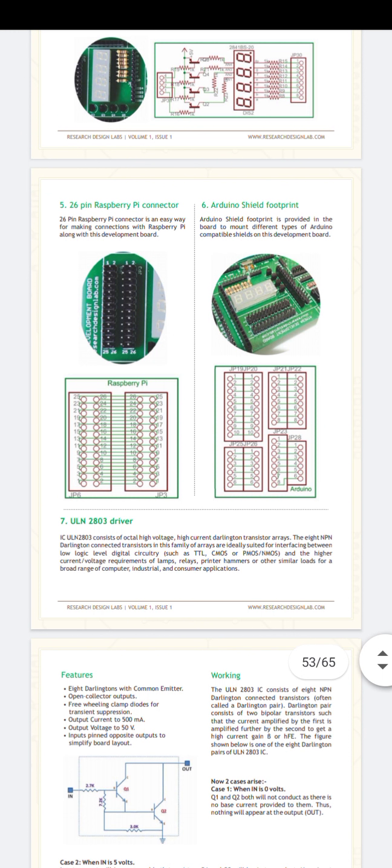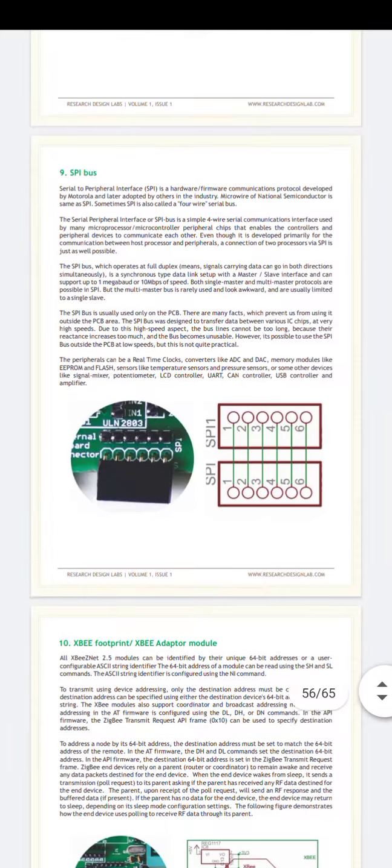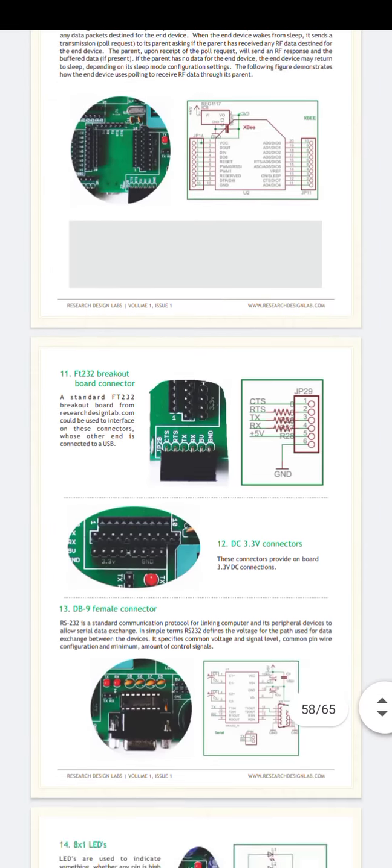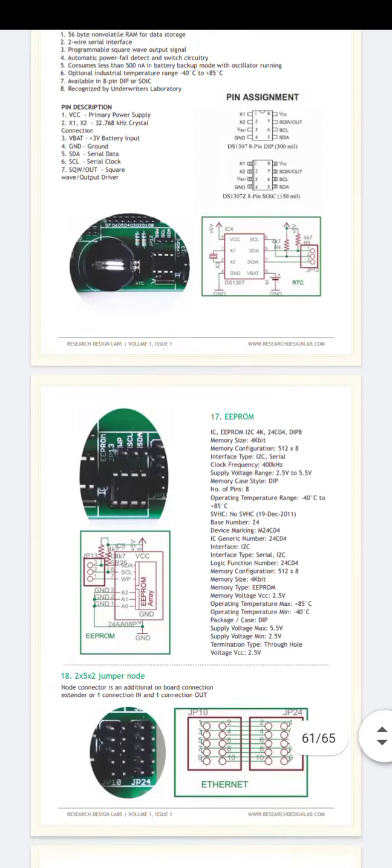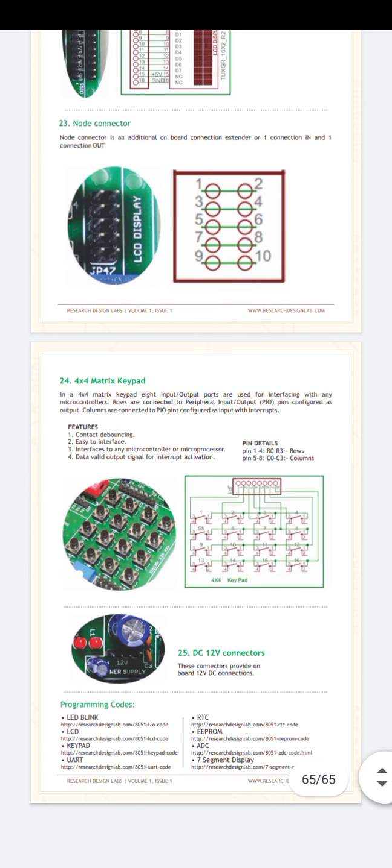Then the ULN driver kits are high-voltage ICs, which are Darlington transistor arrays. SPI bus and Arduino modules: there are many parts used here on the development boards for the AVR microcontrollers.